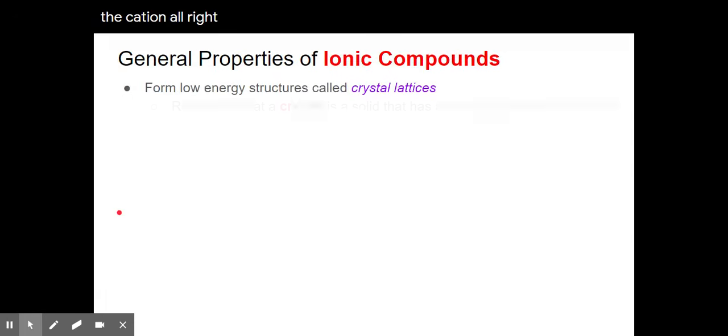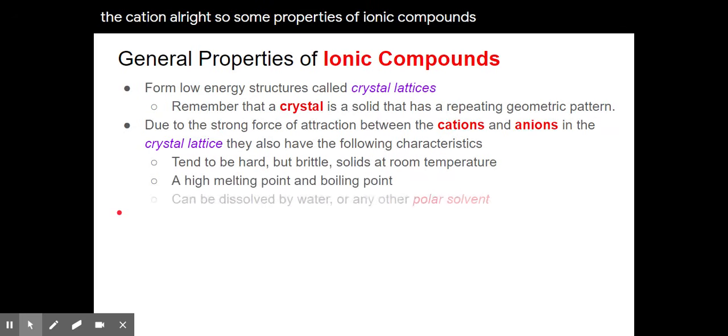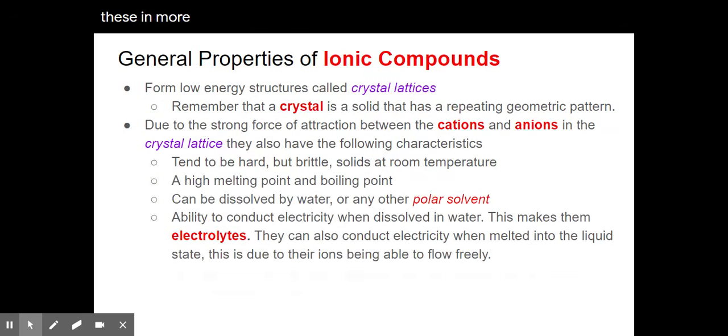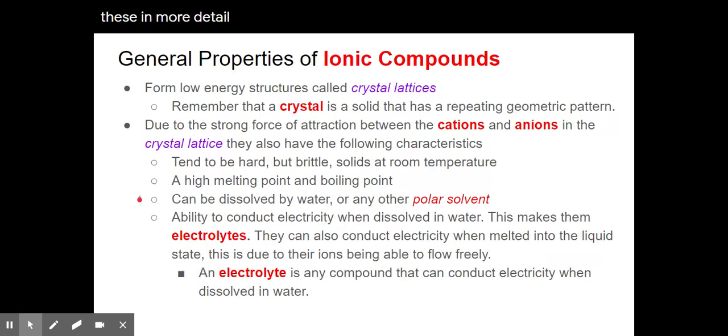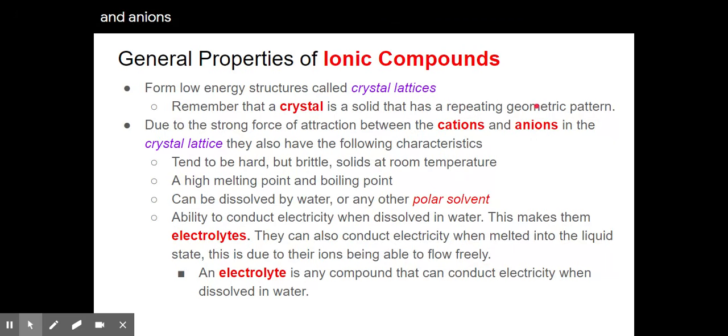All right, so some properties of ionic compounds. You can pause to read these in more detail. Important things we need to know is that they form crystals, in a structure called a crystal lattice. They're made from cations and anions, and they have the following characteristics. The crystals are hard but brittle, so they're easy to break at room temperature.